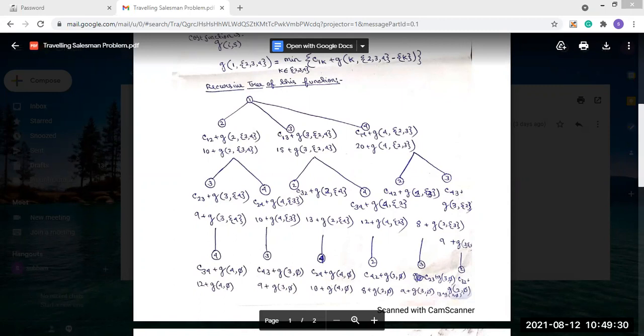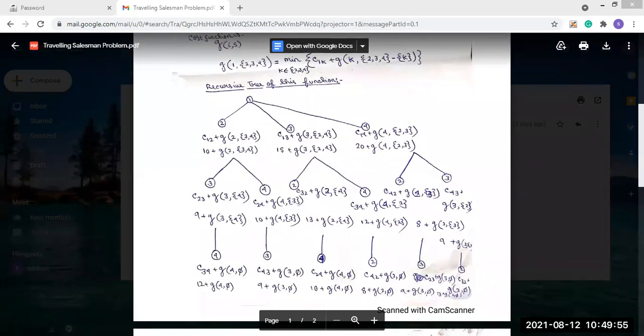So today we will first complete where we left off in the last class, and then we will see the new topic of matrix chain multiplication. First, we have already discussed the traveling salesman problem. We have already completed it, and how from the formula we can make the recursive tree.